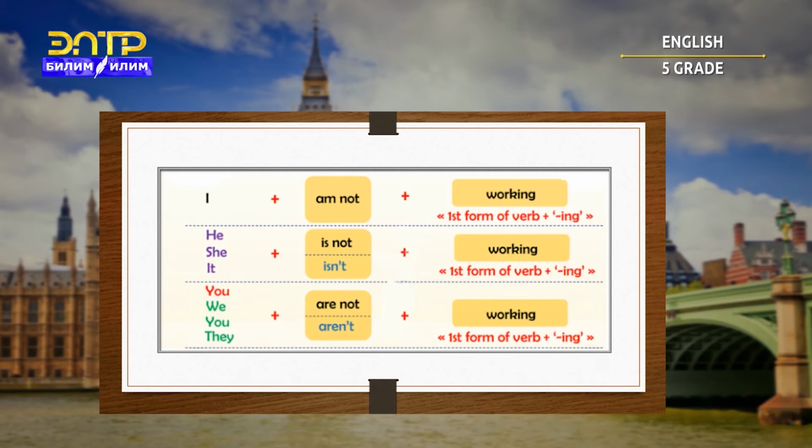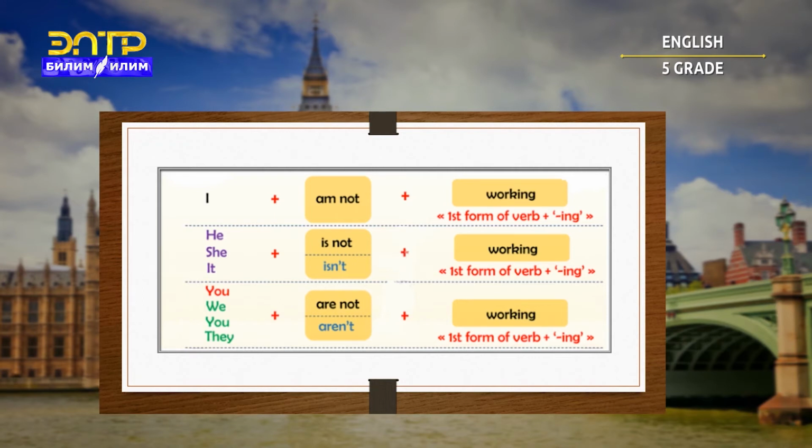So let's read the examples together. I'm not working. He's not working, or he isn't working. They are not working, or they aren't working.